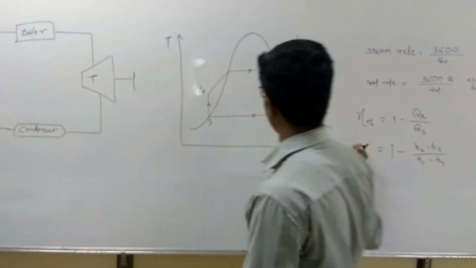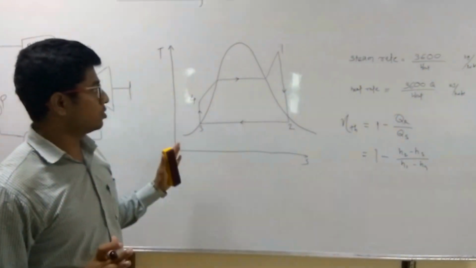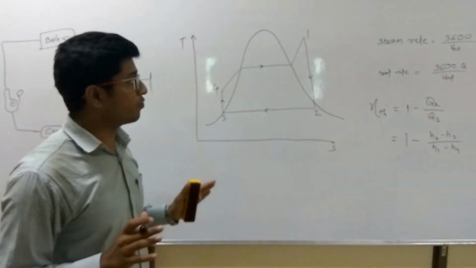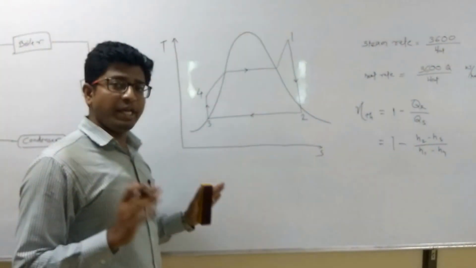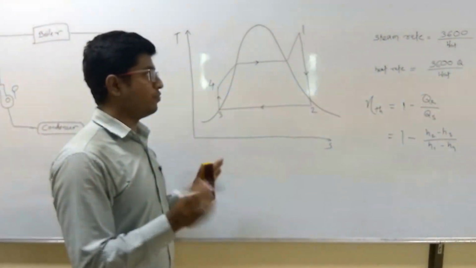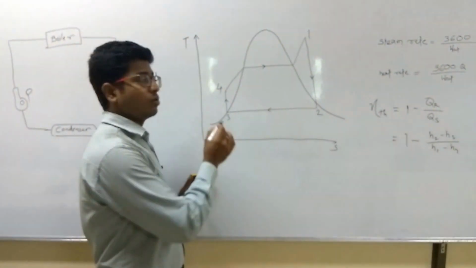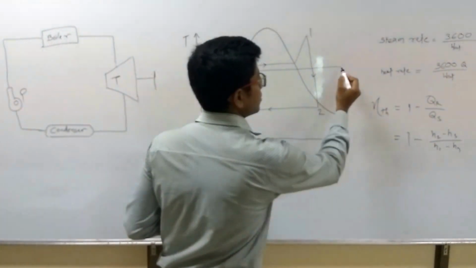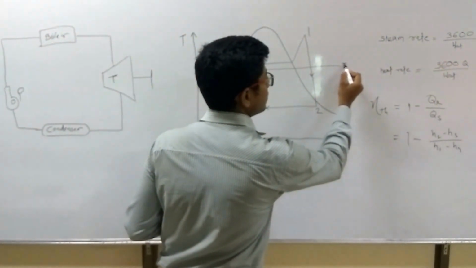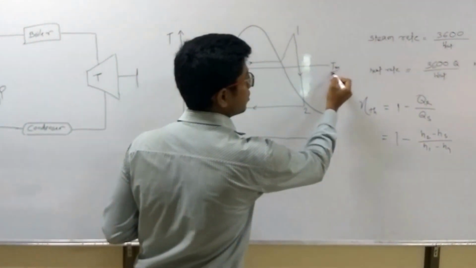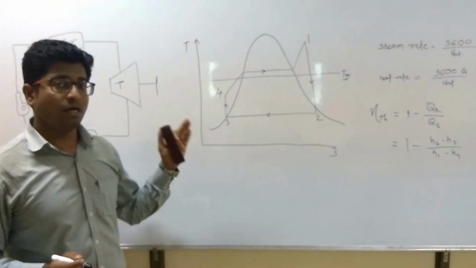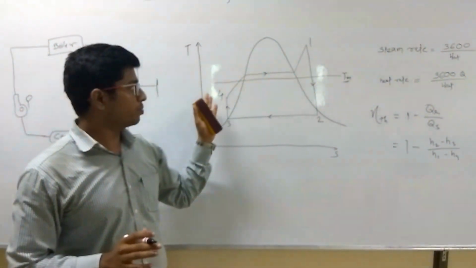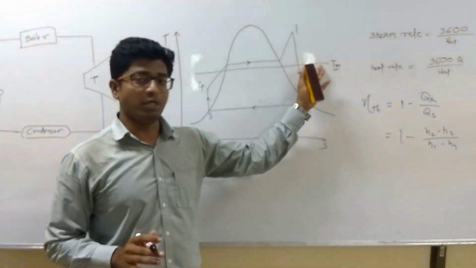Before going to efficiency, there is one more term, mean temperature of heat addition. So what is mean temperature of heat addition? If you draw a line along the x-axis like this, the area under the curve 4 to 1 must be equal to the area under T mean.